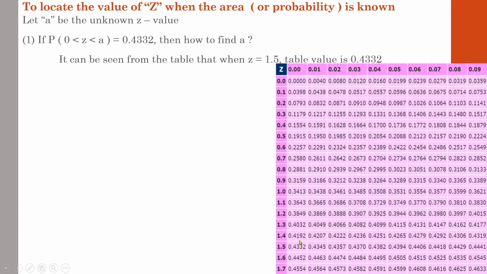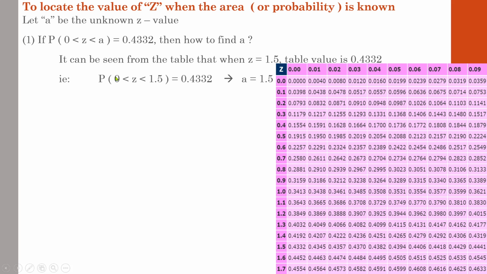Okay, 0.4332 is a point where two values intersect. We know that, that is 1.5 and 0.00. That means 1.5. That was the concept. So as per the table, the value of z is 1.5.